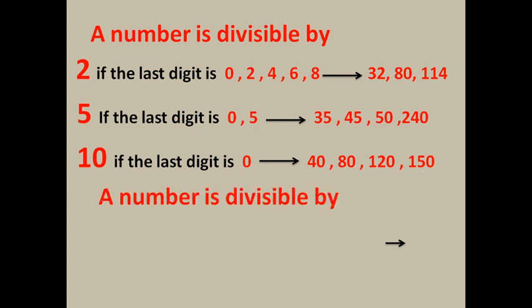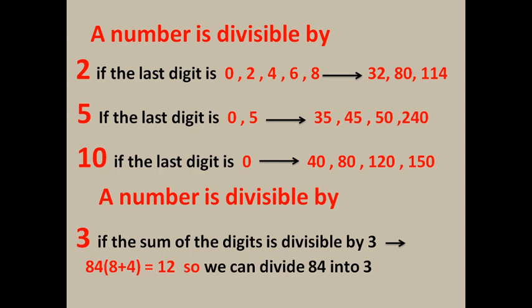Okay, a number is divisible by 3 if the sum of the digits is divisible by 3. How? If you have 84, now add 8 plus 4, it equals 12.